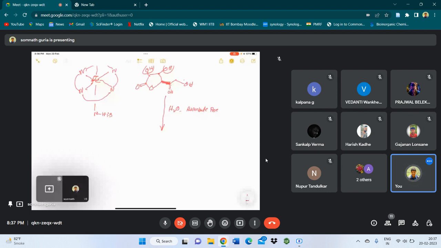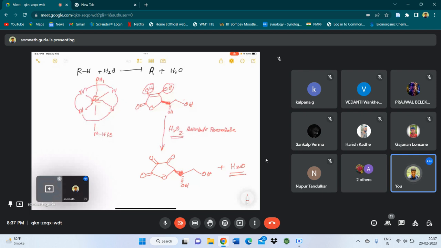So here this hazardous hydrogen peroxide becomes water, and the pure ascorbic acid becomes dehydroascorbic acid. That's how biology utilizes this kind of peroxidase enzyme to reduce the amount of hydrogen peroxide in our body.